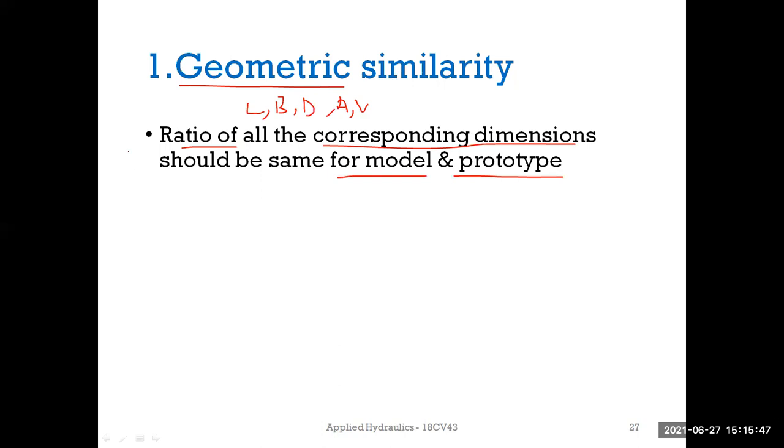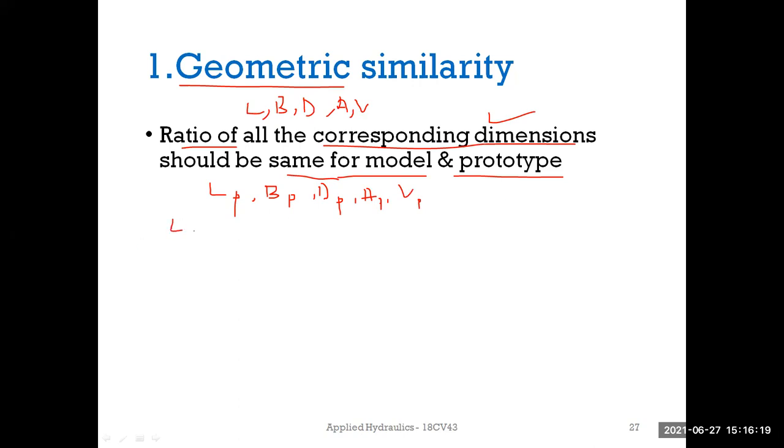For a geometric similarity to exist, the ratio of corresponding linear dimensions should be the same for both model and prototype. For example, if we take Lp, Bp, Dp, Ap, and Vp, these are the length, breadth, diameter, area, and volume of the prototype.